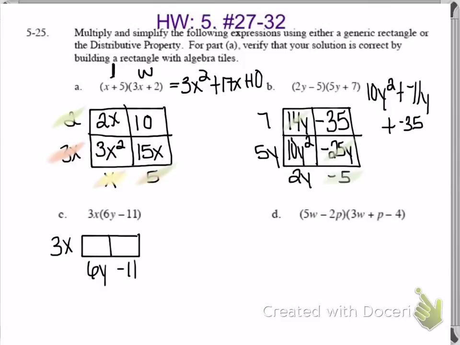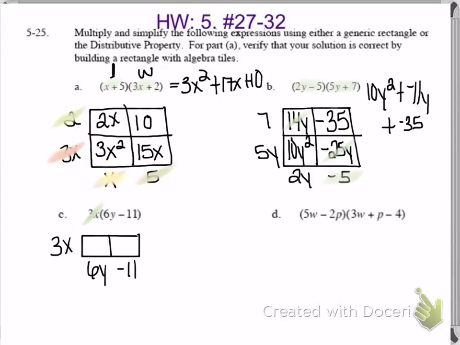Now notice my generic rectangle is smaller than the previous two problems. The reason why is because I only have one term that's outside of my parentheses, whereas before, each of the other problems had two terms inside of their parentheses. We'll take a look at more problems like this style in the future.